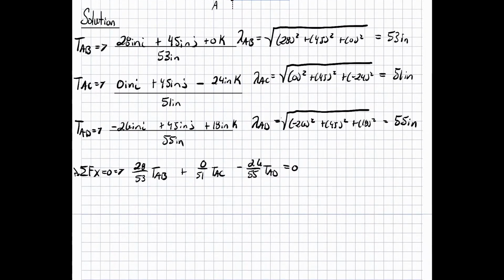Continuing on, we're now going to sum of forces in the y direction, equals 0. We're going to state it's positive going up. All of these are going to be 45, so just the division is going to make the difference. 45 over 53 tension AB plus 45 over 51 tension AC plus 45 over 55 tension AD minus the weight is equal to 0.